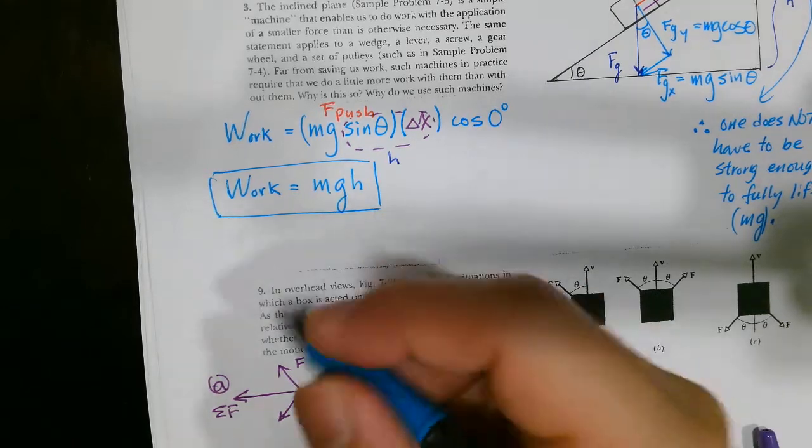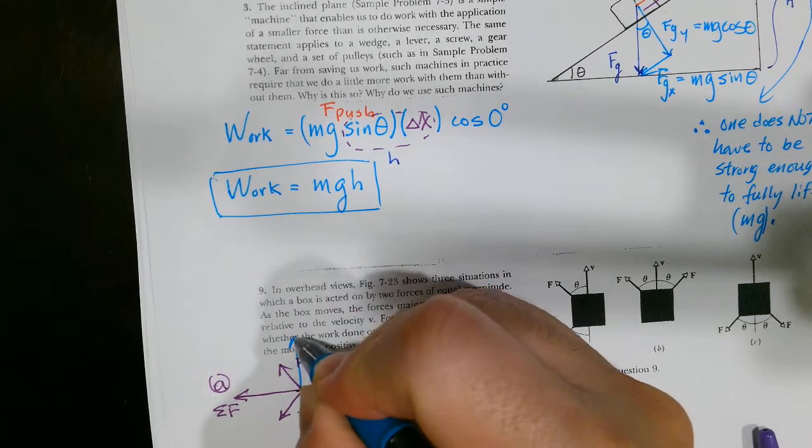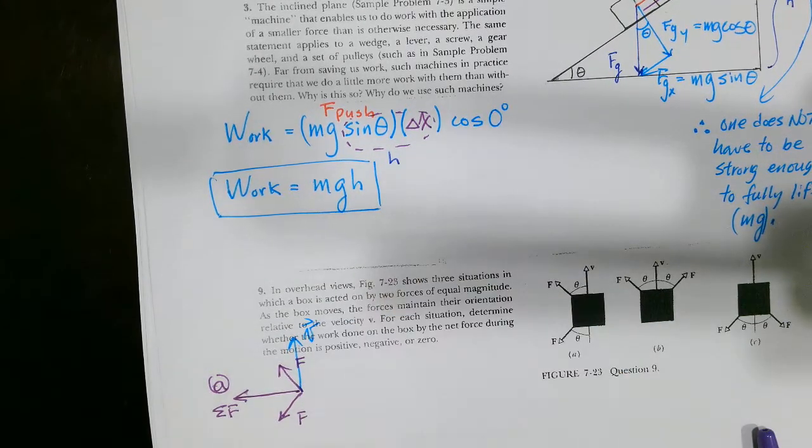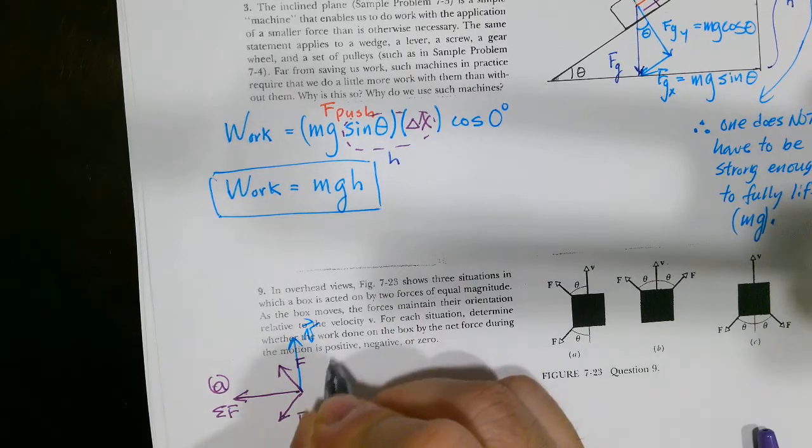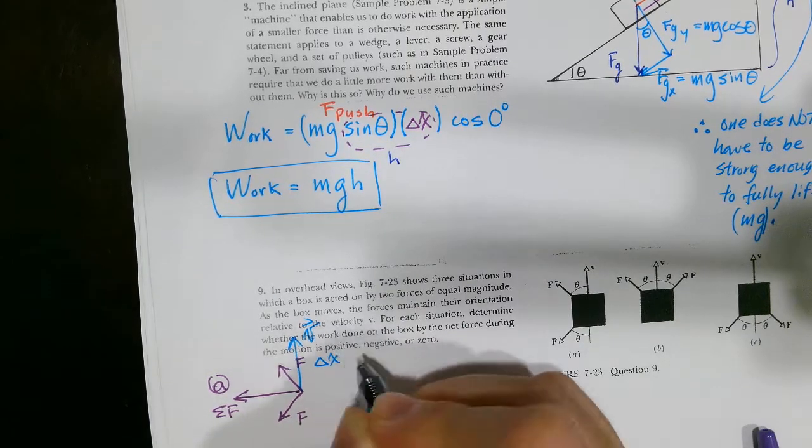However, the velocity vector is going this way, which means that is the same direction as my delta x.